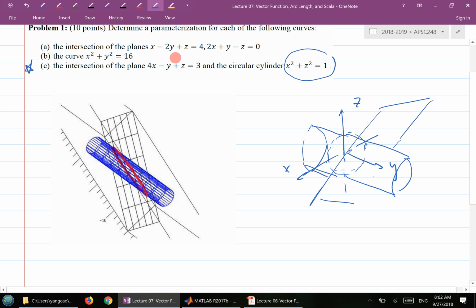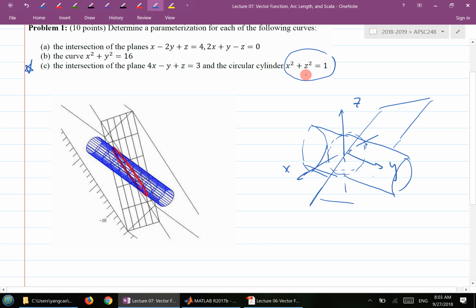The red curve is what we're looking for, and it must be a curve satisfying both the cylinder and the plane. So you're trying to get a parametric equation that satisfies both the plane equation and the cylinder equation.